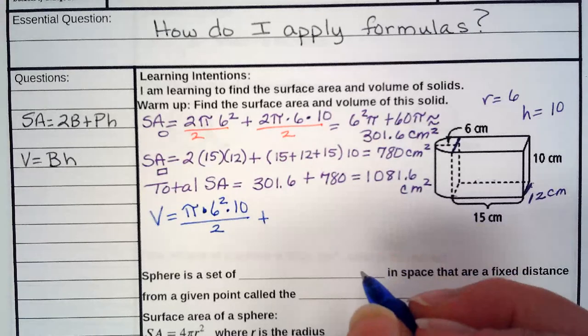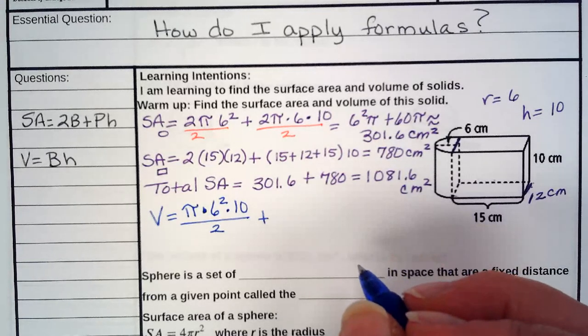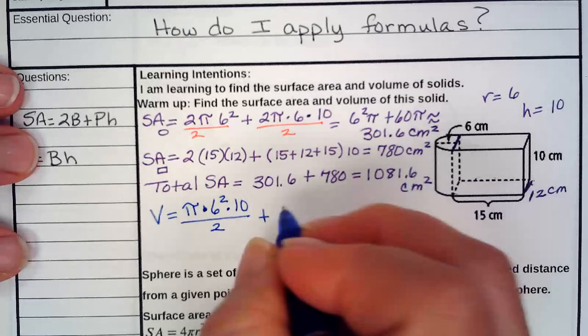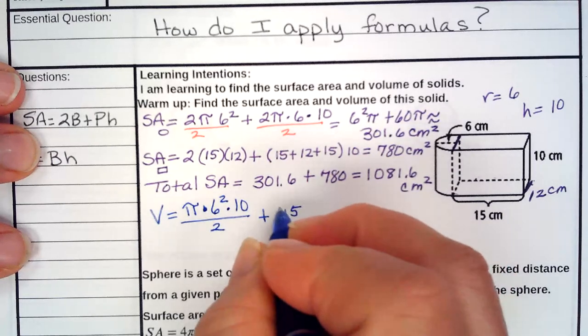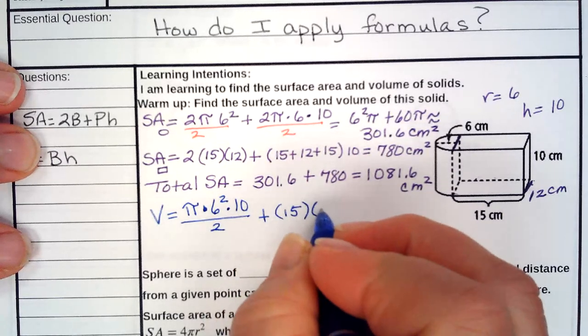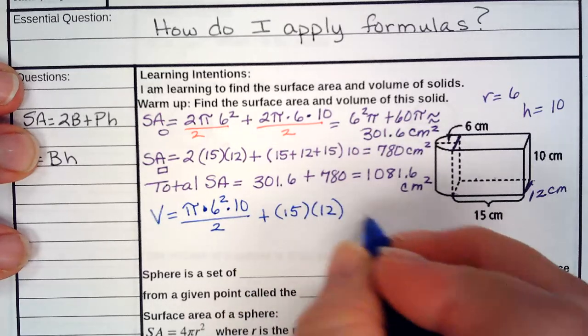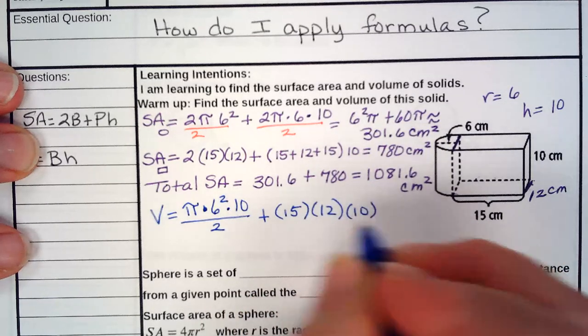Now, the volume of the box isn't going to change whether or not a side is covered up. So it will be 15 times my 12, which is my base area, times 10.